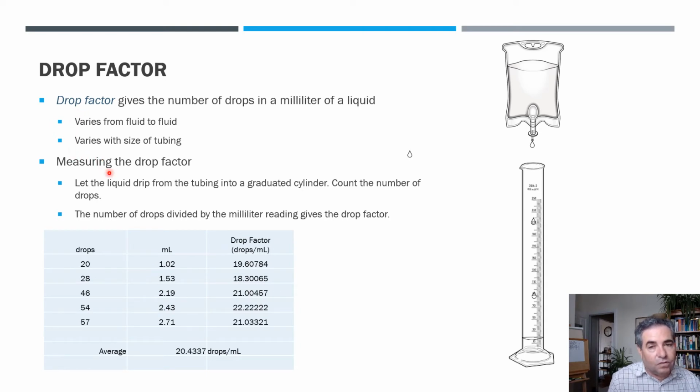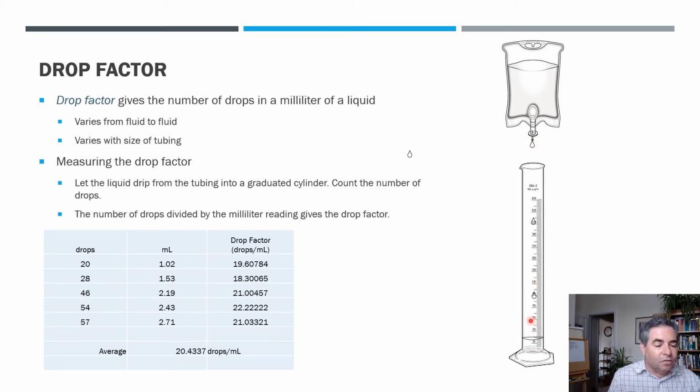So how do you measure the drop factor? This is something that you're going to do in this exercise. You take the bag or whatever with the tube that you're going to be using, and you let it drip into a graduated cylinder. You are going to be measuring the volume that you have with a specific count of drops.